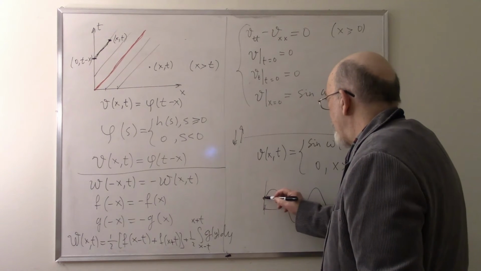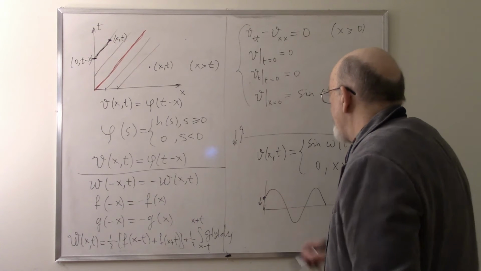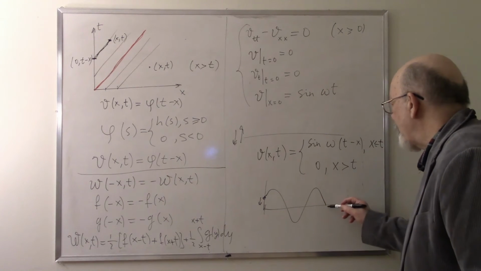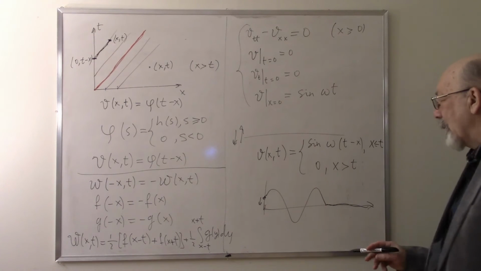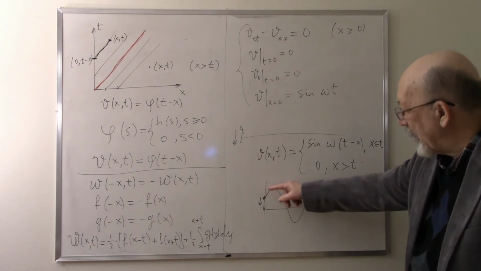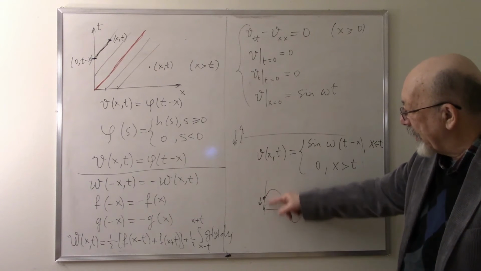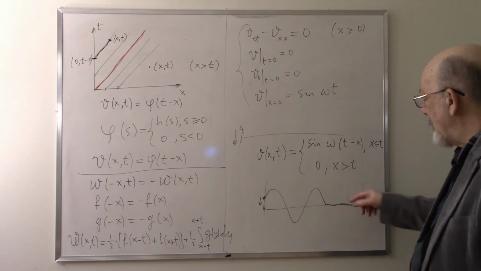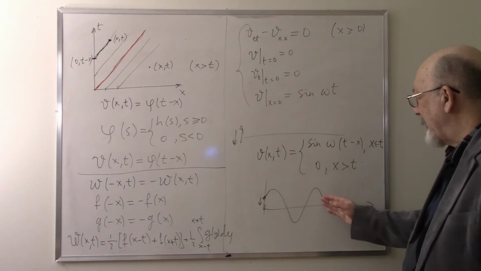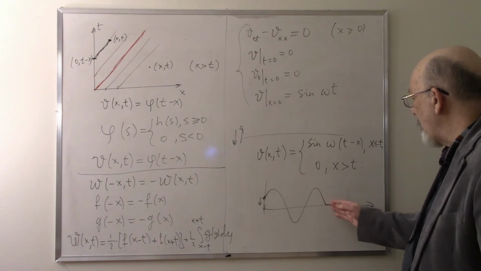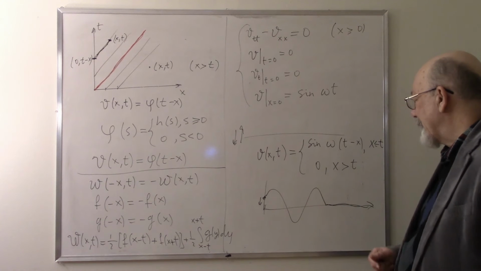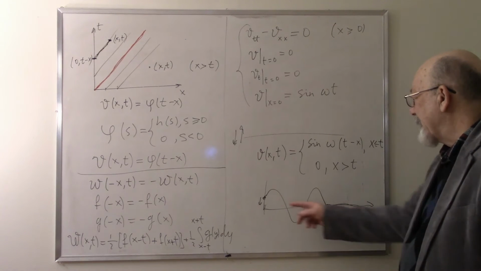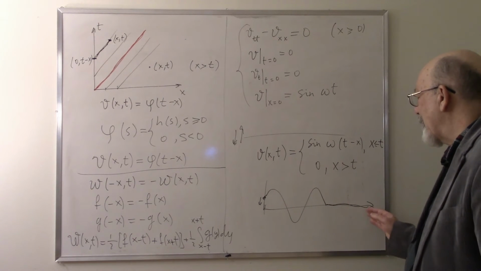Something like this. Here is the end point of the string. Yes. So we see how this oscillation of the initial point is spreading along the string. So the active part grows linearly.